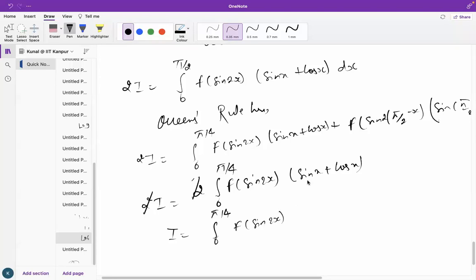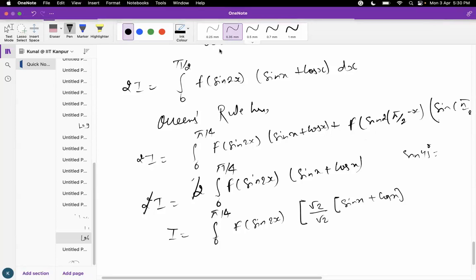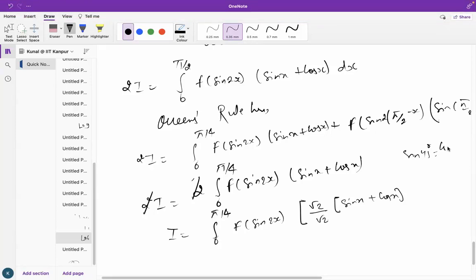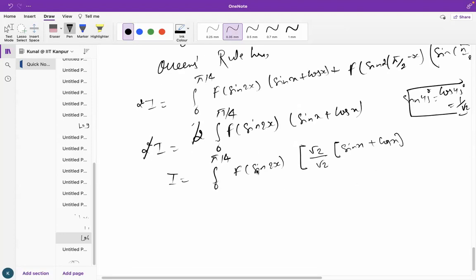And now look here, if we multiply and divide by root 2 here, root 2 by root 2 times sine of x plus cos of x, because we know that sine 45 degree is equal to cos of 45 degree is equal to 1 by root 2, right? We know this thing. So I'm trying to convert it into pi by 4 plus x.